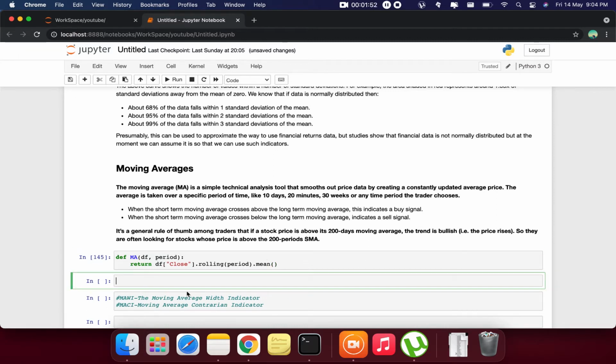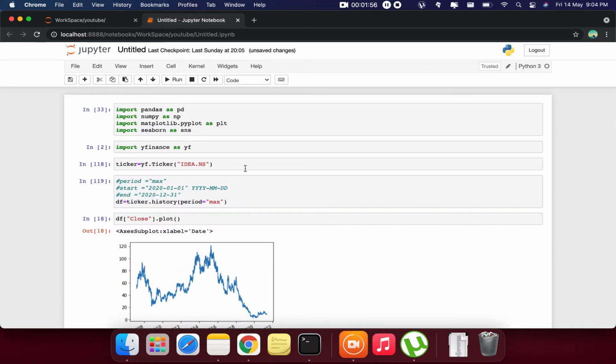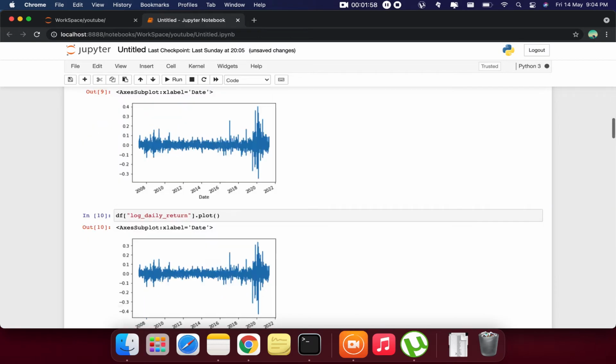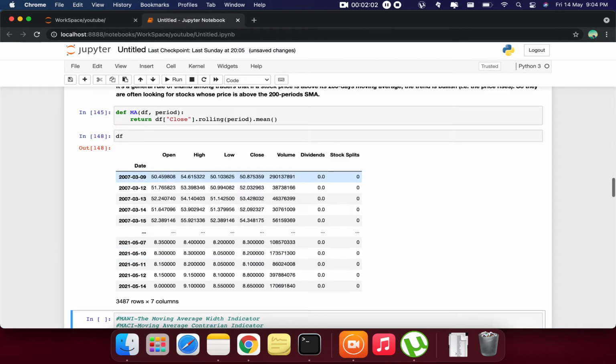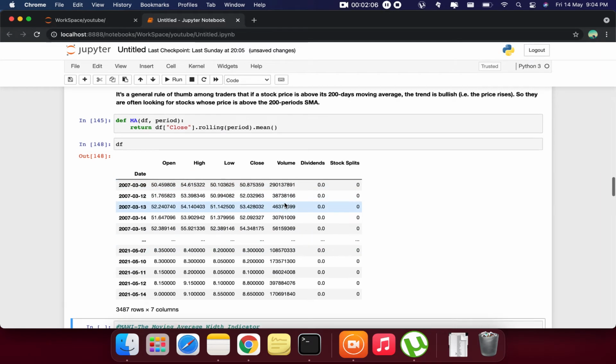Now let's first check the data frame. So let me just pull it up again, complete data. So you are already familiar with the data, how it looks and how we can make it work, right?